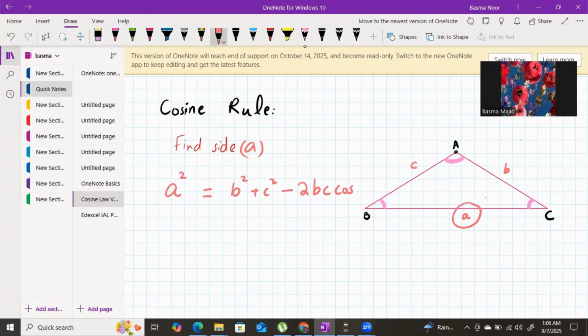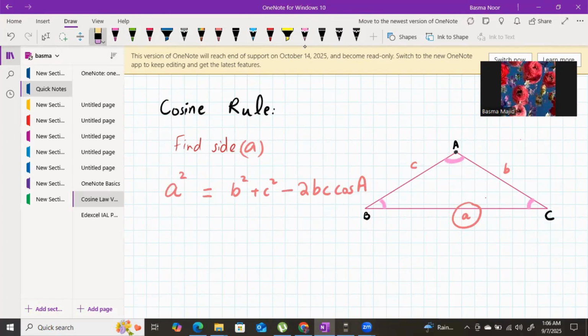We're finding a here, so we use its opposite angle, A, so cos A. So this is the formula to find the side of a triangle which is not right-angled.